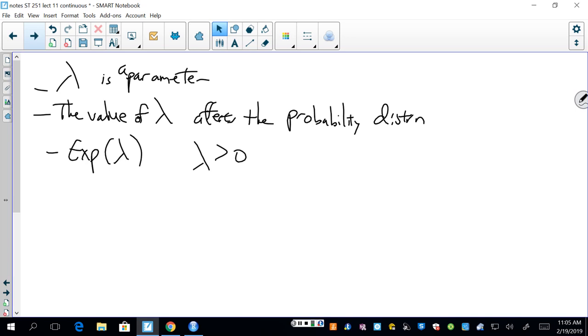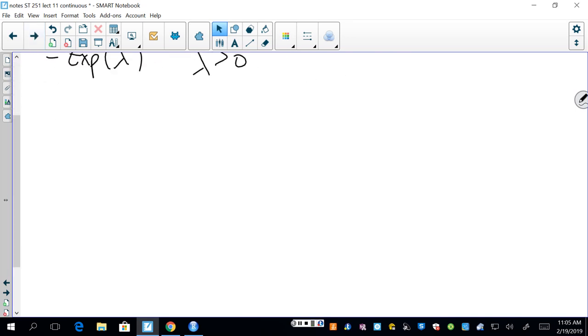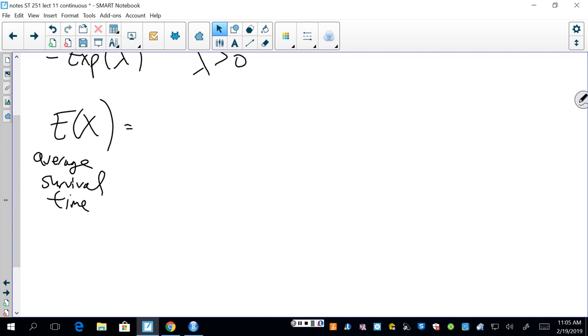The other thing that this lambda will affect, we want to take this expected value of the random variable. What's the average survival time? Well, for continuous, we take an integral of our variable x times the density.